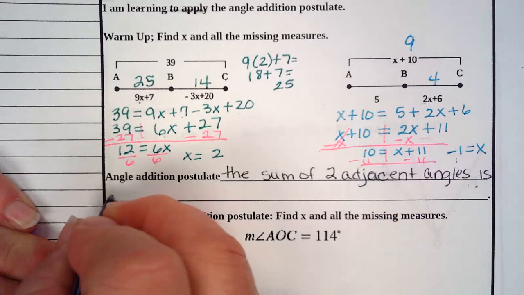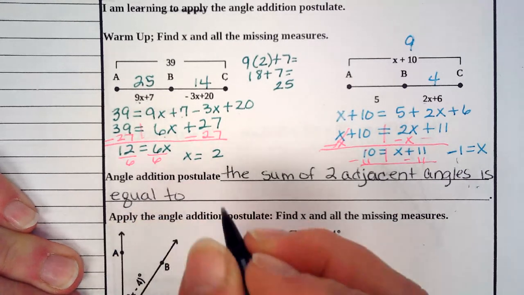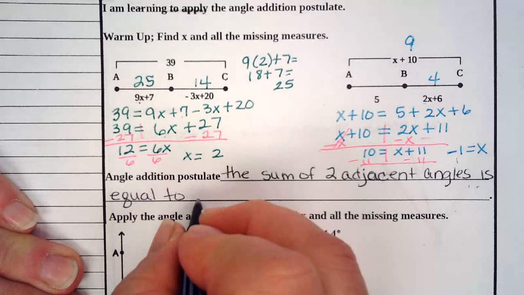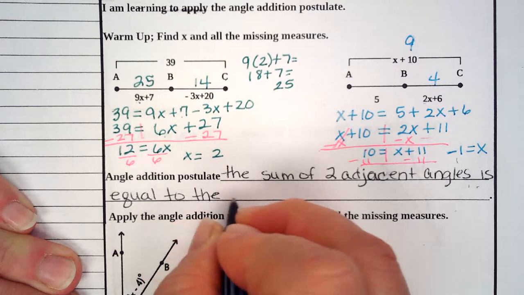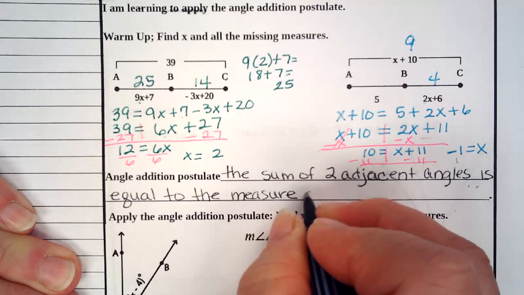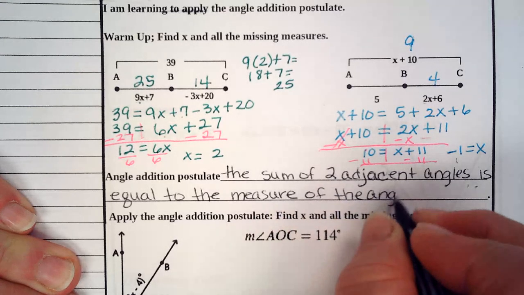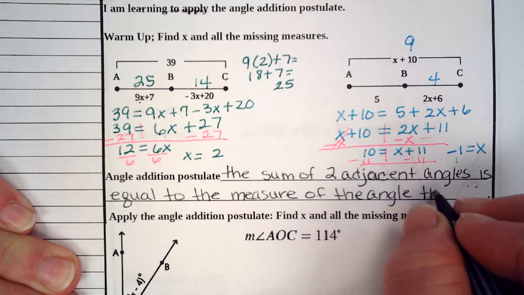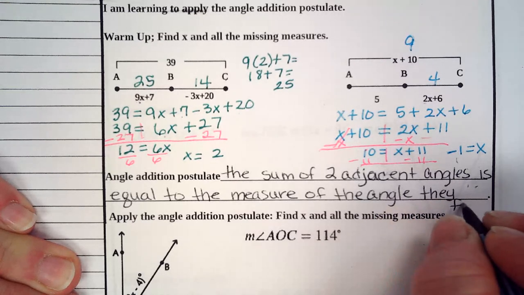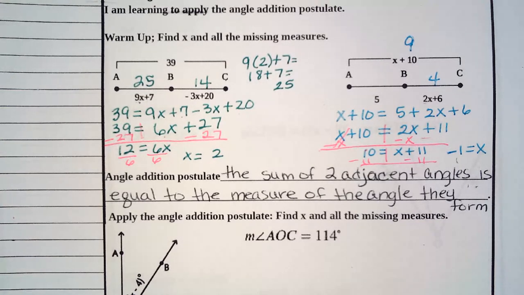Okay, so you've got two adjacent angles, they add up to the bigger angle. It should make sense because they occupy the same space.